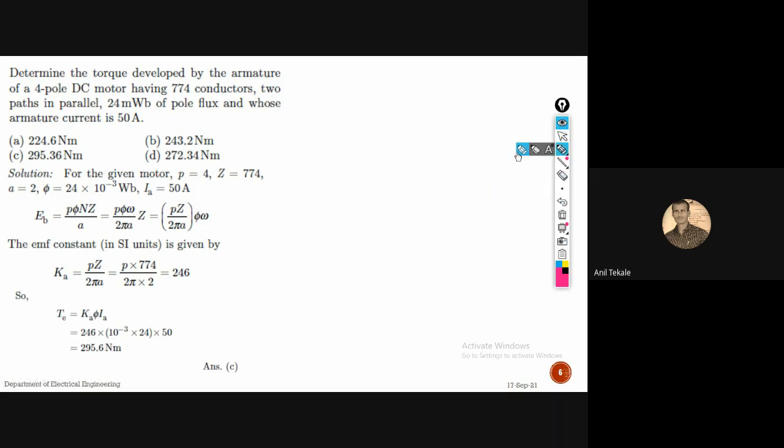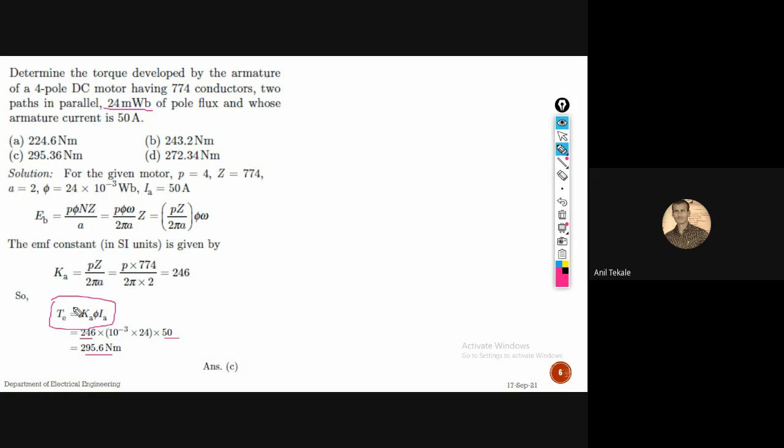So next step we will continue again. We know torque is equal to K into φ into Ia. So that means 246 into the φ value that is given, 24 milliwebers, and Ia is nothing but 150. So like that way we have this data.